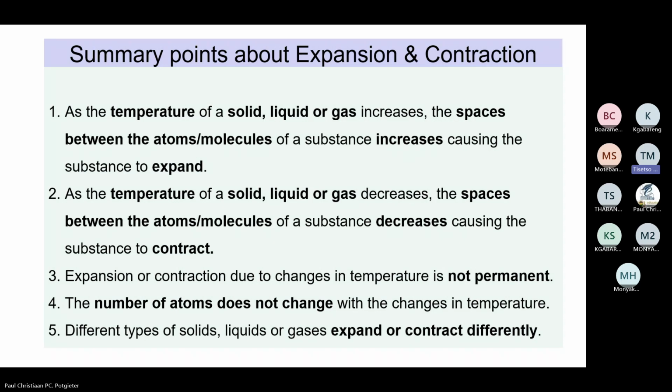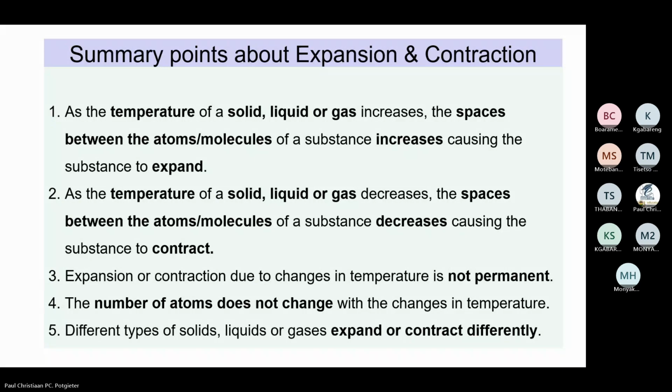Number two, as the temperature of the solid or liquid or gas decreases, which is the opposite, the spaces between the atoms and molecules of a substance decrease, causing the substance to contract. Thirdly, expansion or contraction due to changes in temperature is not permanent, meaning a material can expand when it is very hot, and then when it gets colder, it can contract.